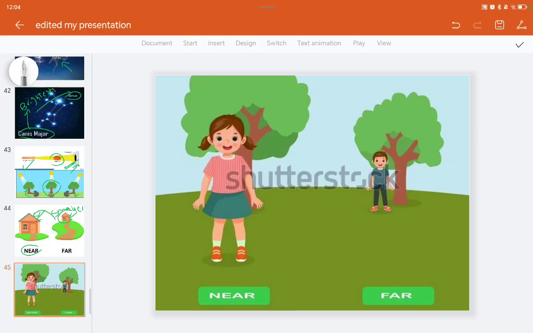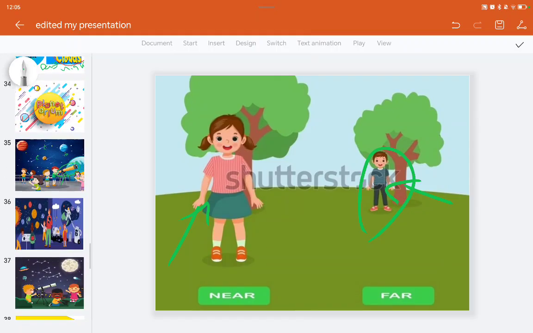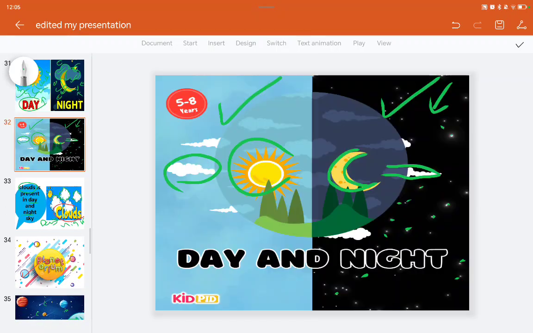So here we can see this girl bigger. We can see this boy smaller. Why can we see this girl bigger? As she is close to us, but this boy is far away from us, okay? The same applies to the stars and the sun here.